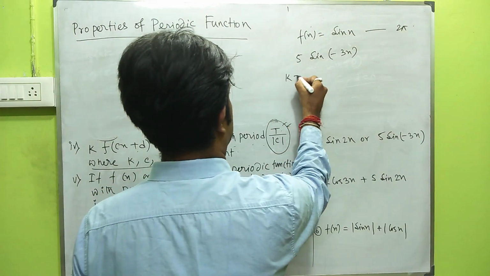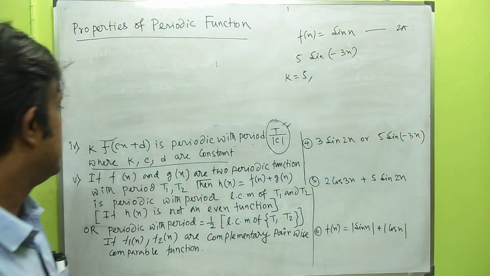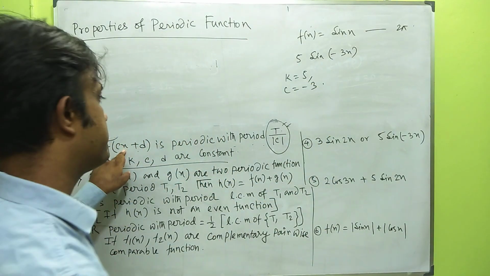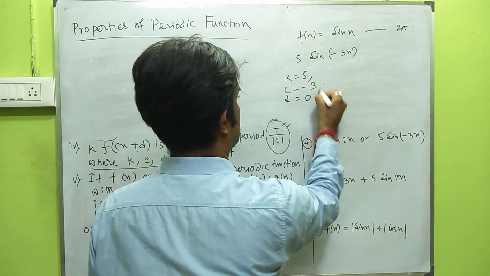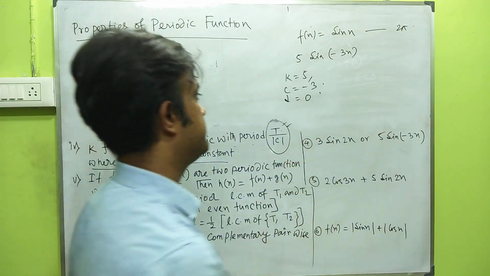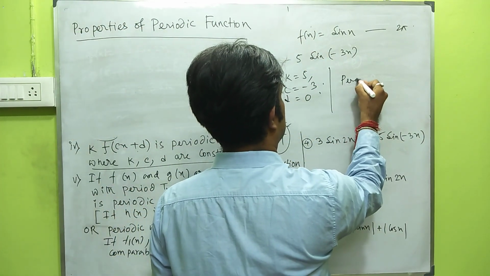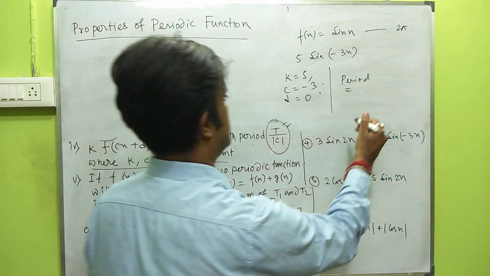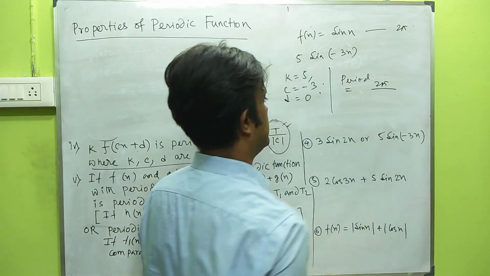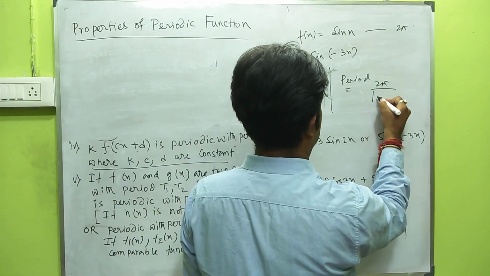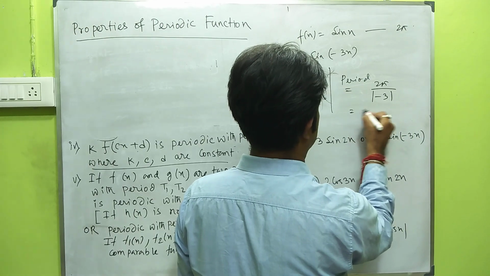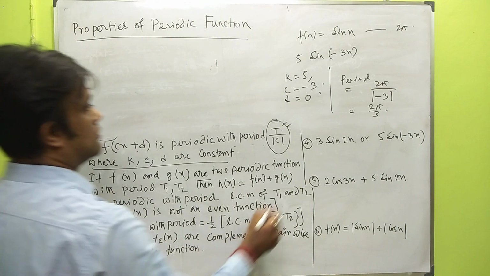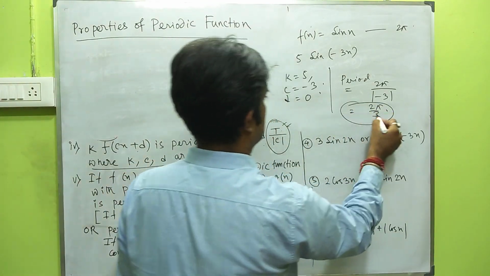So here k is equal to 5, c is equal to minus 3 and d is equal to 0. So the period will be t by mod c, 2 pi by mod of minus 3, that is 2 pi by 3. So the period of this function will be 2 pi by 3.